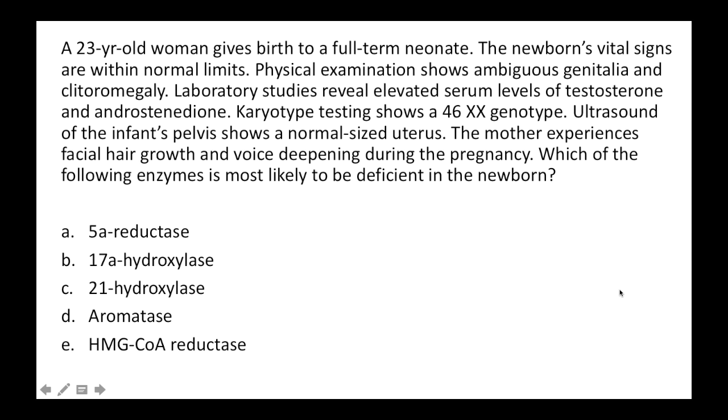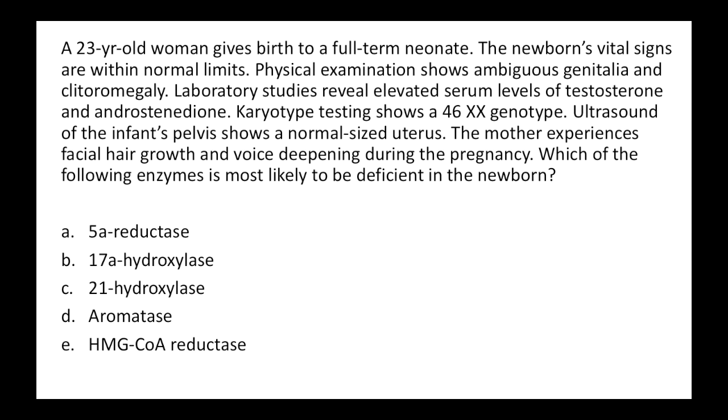And last question. A 23-year-old woman gives birth to a full-term neonate. The newborn's vital signs are within normal limits. Physical exam shows ambiguous genitalia and clitoromegaly. Lab studies reveal elevated serum levels of testosterone and androstenedione.